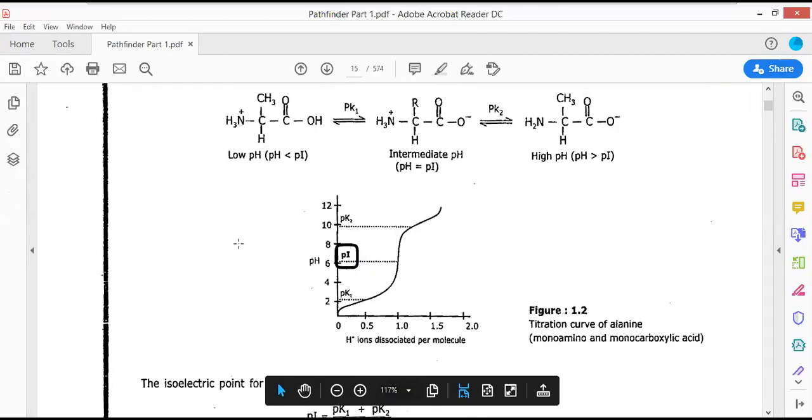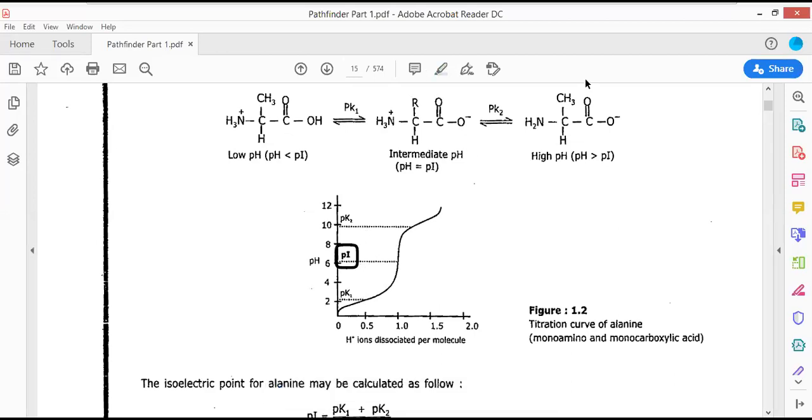Now see, there is a whole range of variation present here. Which is that range of variation? I would like to point it out. Right from pK1 to pK2, there is a range.